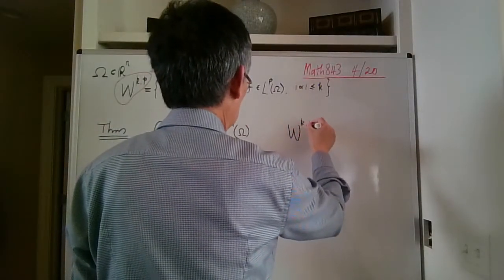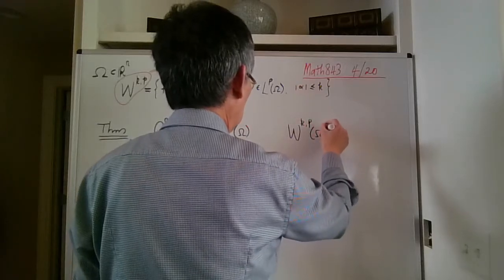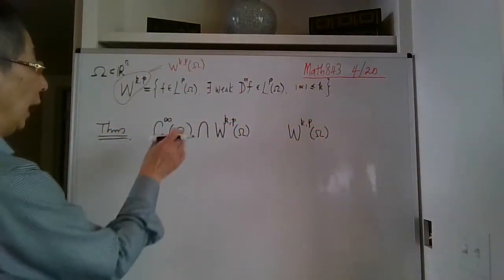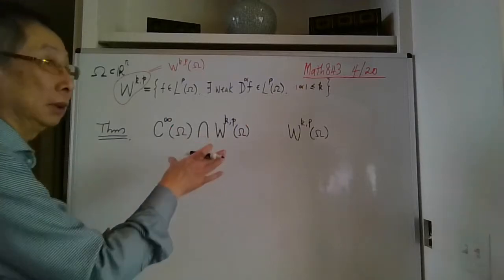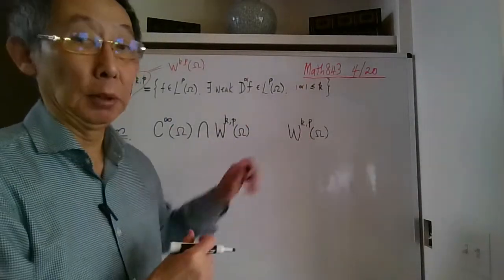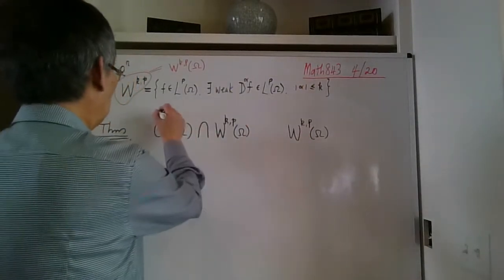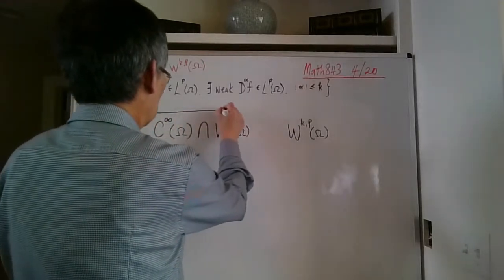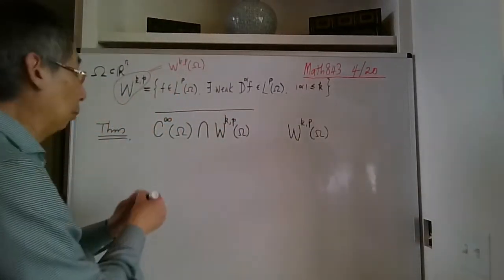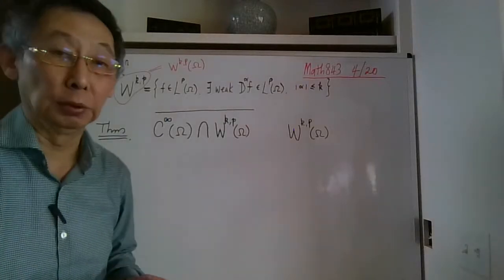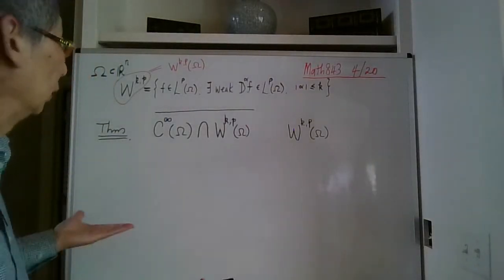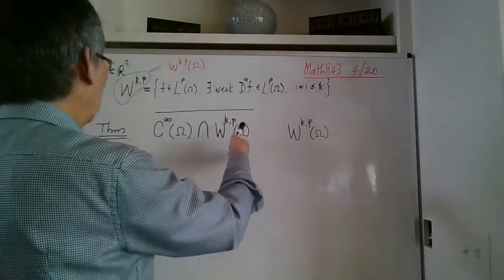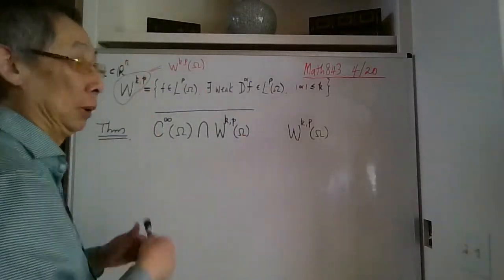Now, what is the relationship between this set and W^{k,p}? There's a surprising result. It shows that this set is actually dense in W^{k,p}. So what does it mean? If I put a bar here, it means you're talking about the closure, right? What do we mean by closure? It means you take the closure under the norm of W^{k,p}.